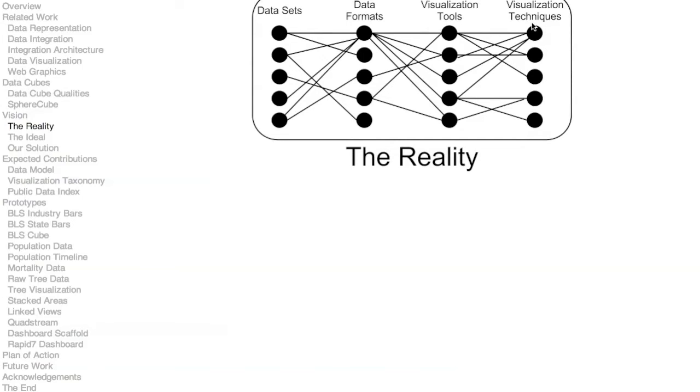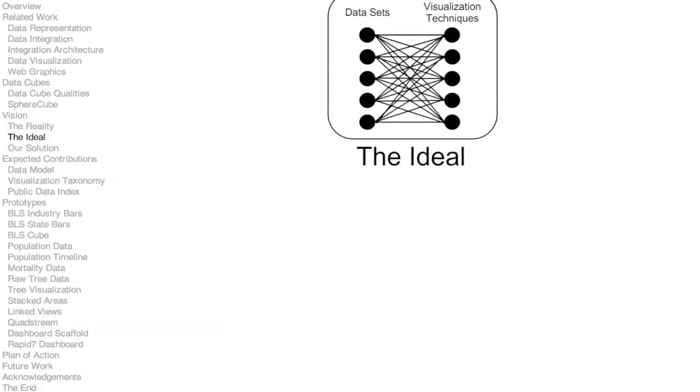And then when you try to do that, you face the reality of, okay, I need to pick a particular visualization tool, and then I need to make sure that tool works with the particular format that data set is available in. You need to do all that manual work. So ideally, it would be easy to pick a data set, pick a visualization technique, and say, make that visualization happen.